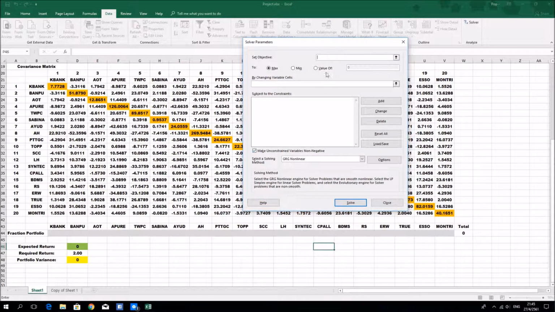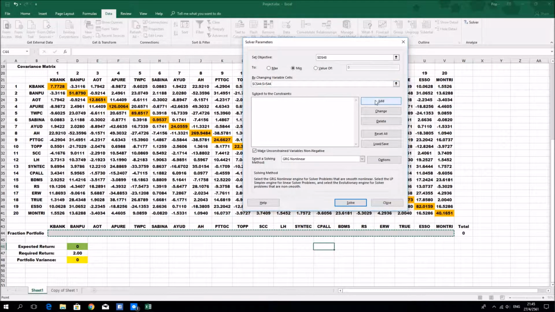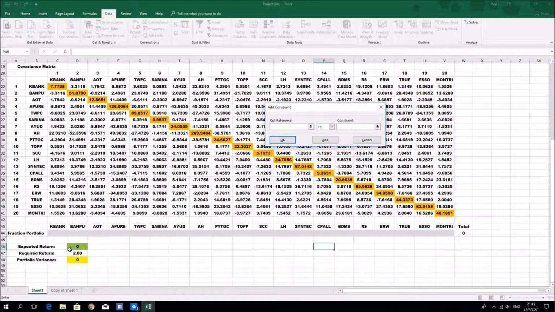We're going to set the objective function as the portfolio variance, which we are trying to minimize, by changing the fraction of portfolio, subject to the constraints that the expected return should be greater than or equal to the required return, and the sum of the fraction portfolio should equal 1.